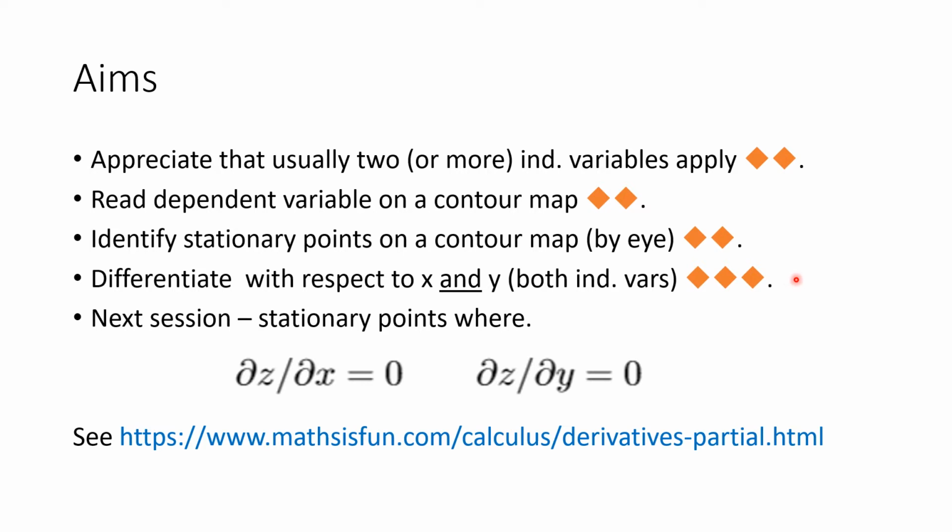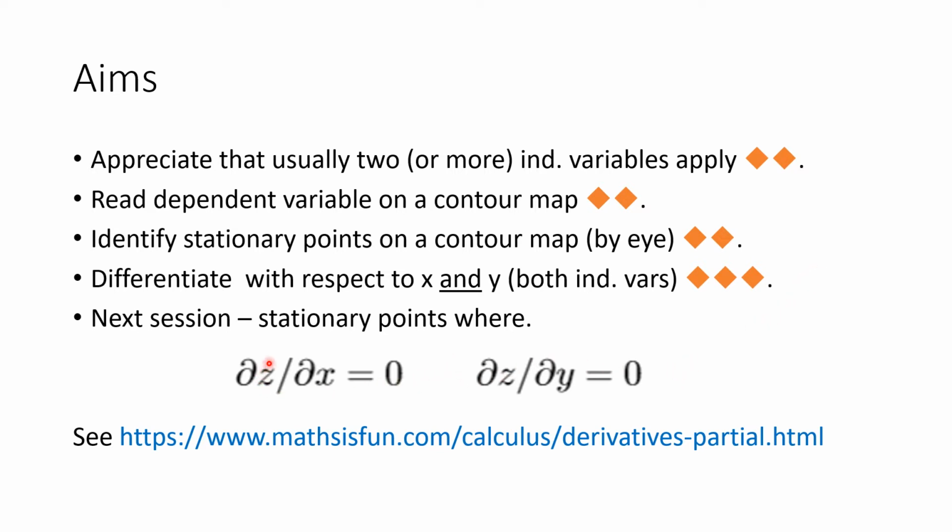And we're going to introduce partial differentiation. So in the previous session, we differentiated y with regard to x, but there are now two independent variables or more, so we have to find slopes in two directions.